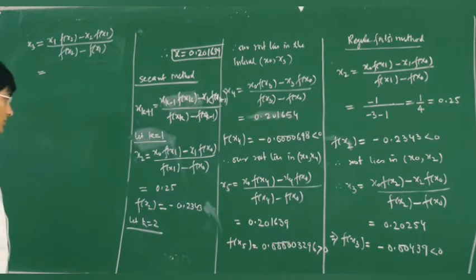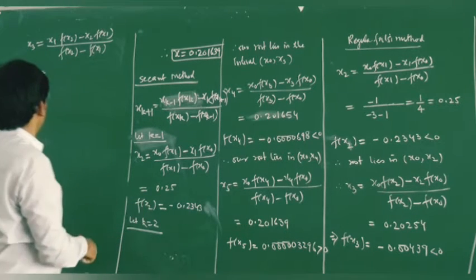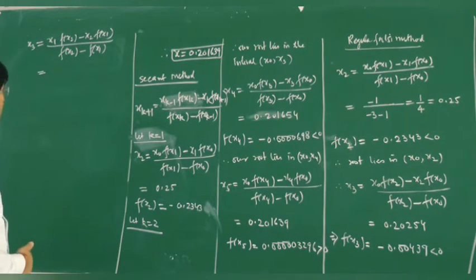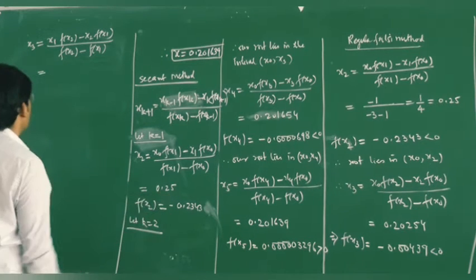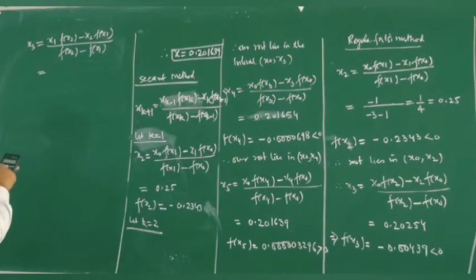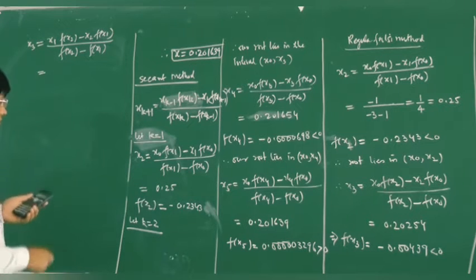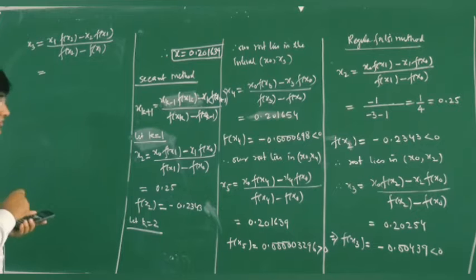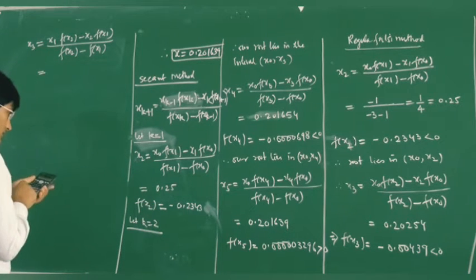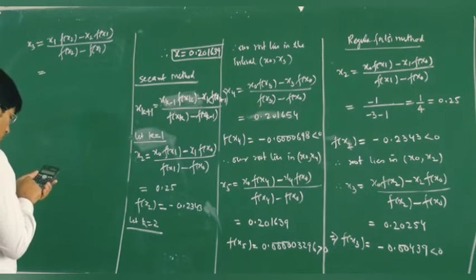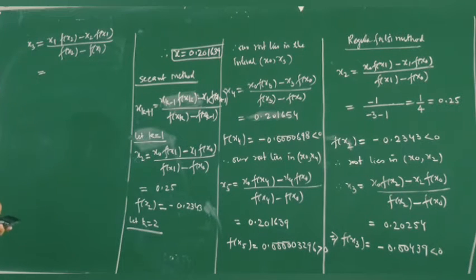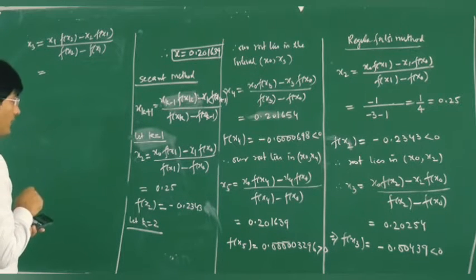Now your x1 is equal to 1, your x2 is this one, so let us compute this value. We have 1 into f of x2, which is minus 0.2343, then we have minus x2, 0.25, multiplied by this f of x1.